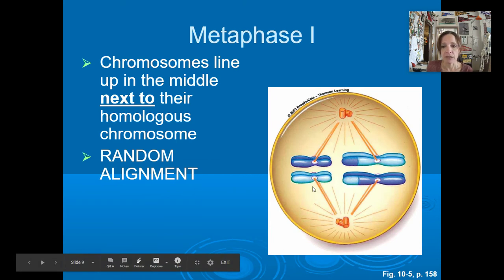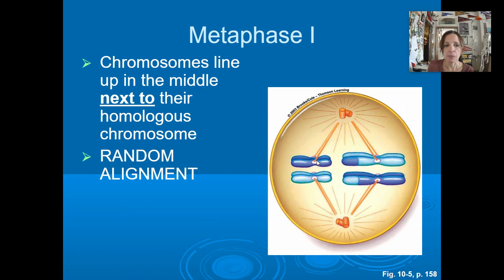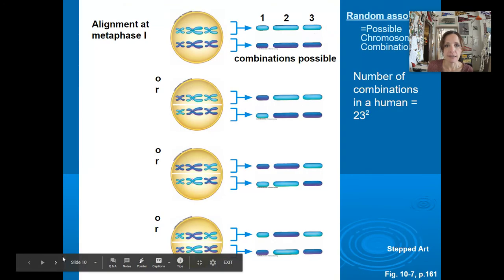In metaphase 1, the homologous chromosomes go to the middle and line up next to each other. That's really important because in metaphase 2, they line up on top of each other. And this is where what's called random alignment or random assortment happens.